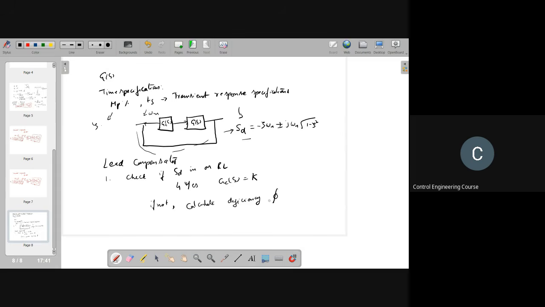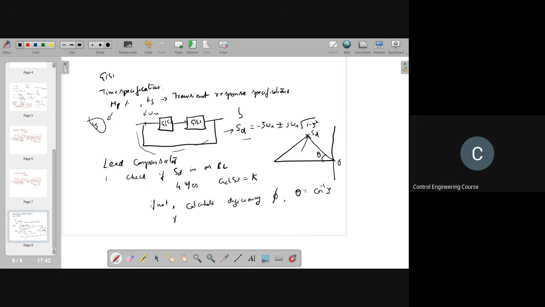Angle deficiency phi. Then with that, you also calculate theta, where theta is cos inverse of zeta, already found here. Using these two, you calculate gamma. You remember that plot, right? You are having the origin 0, and this is your dominant pole Sd, and this is your theta.